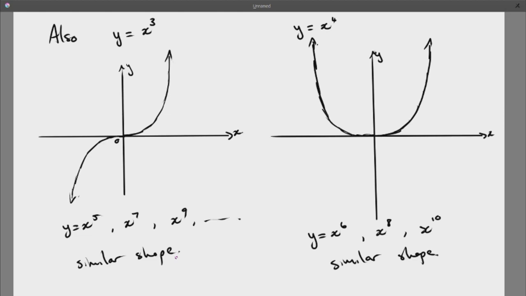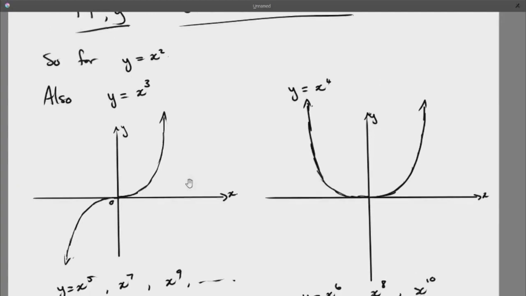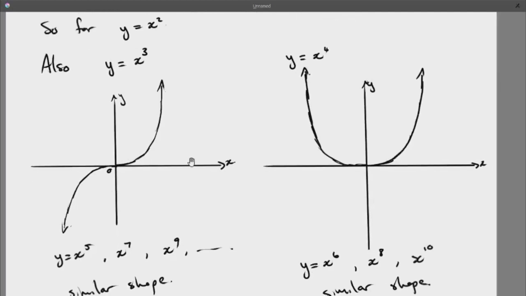And as a result, we don't really bother with the higher powers when they do have the same shape. And there's no real benefit in this transformation topic to worry about all of them. So we'll include these two as more basic functions on top of the one we already have.